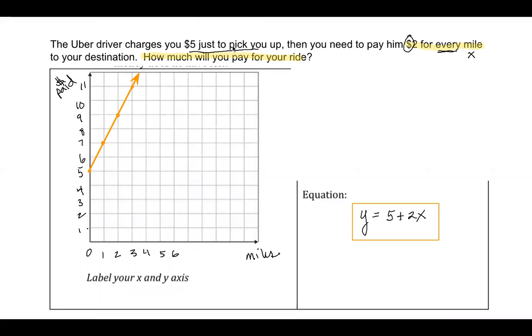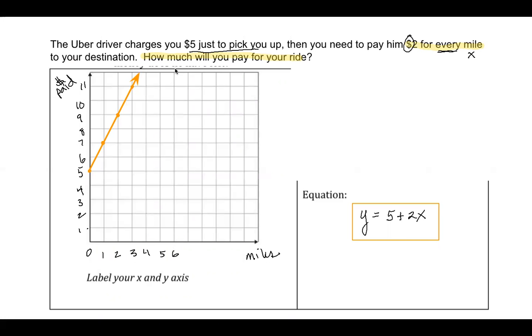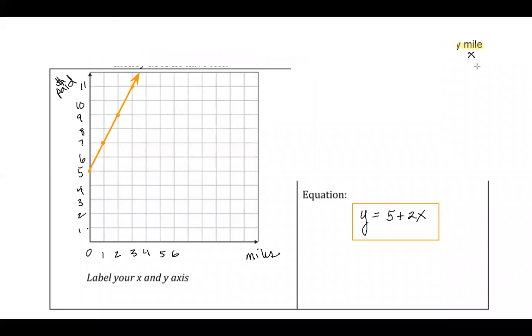If all I had was the graph, oh dear. If all I had was the graph and no story, does everybody agree I could still find the slope of this graph, because we know how to find slope from a graph?